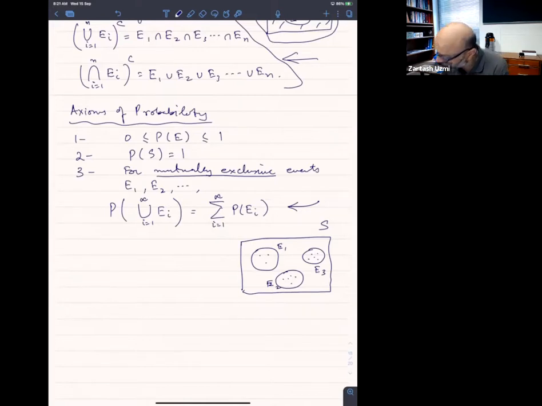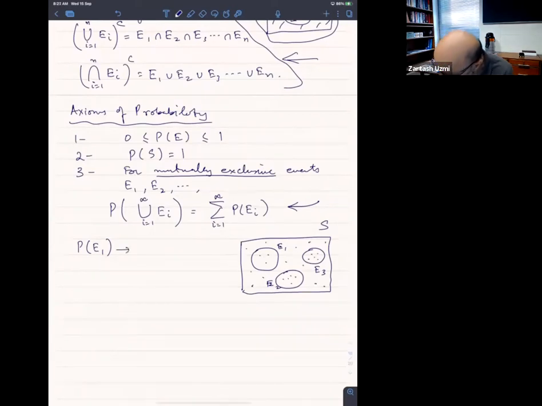Now, the probability of an event E1 tells us what proportion of the total outcomes are contained in E1, in the case of equally likely outcomes. कुछ outcomes बाहर भी हैं जो ना E1 में होंगी, ना E2 में होंगी, ना E3 में होंगी.